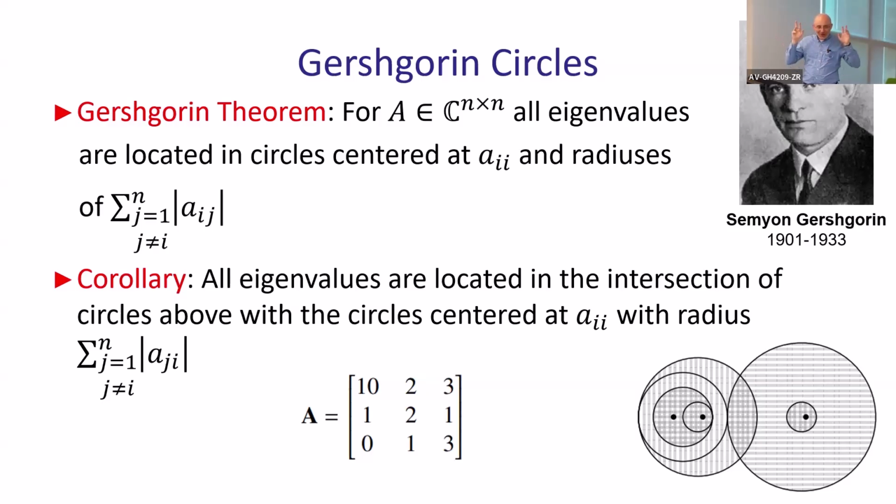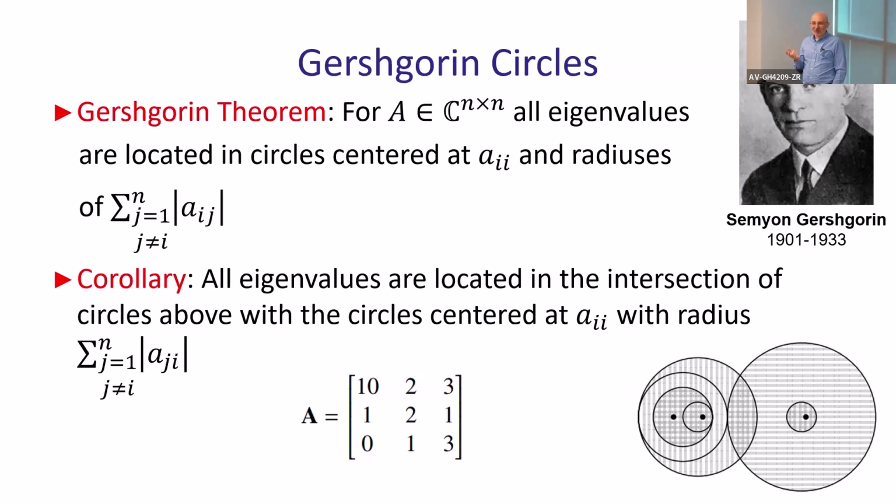But each time you get a new theorem, in a sense, because of a new property, and the eigenvalues have to be in the overlap of all of them. So any invertible matrix can give you new circles by a similarity transform, and then overlaps of all of the circles get you closer and closer.